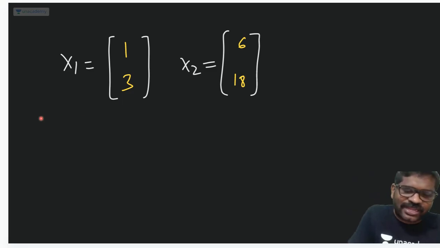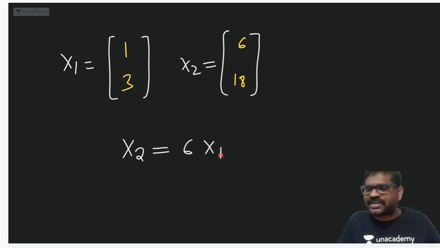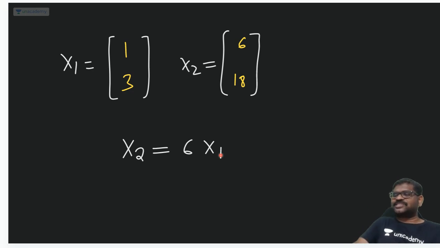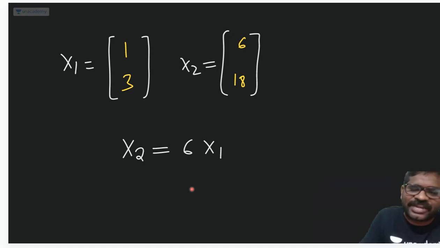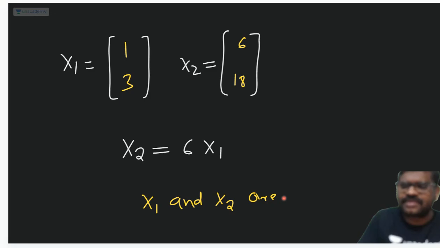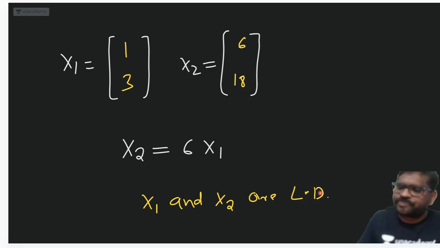If any vector can be expressed as a scalar multiplication of another vector, you can say that they are dependent. LD means linearly dependent. Now observe, this is one example.